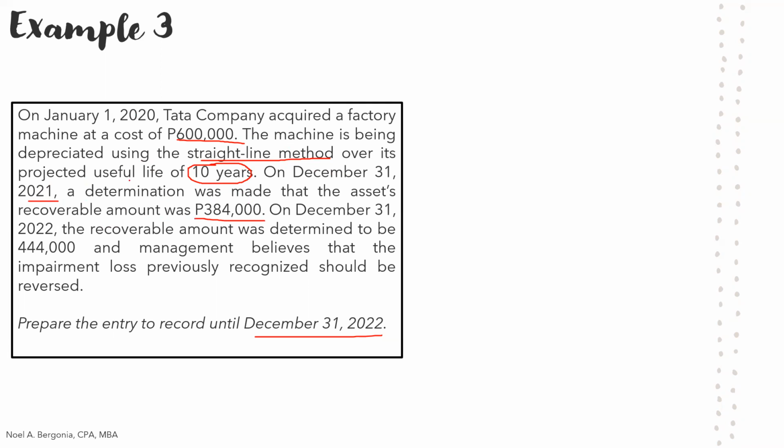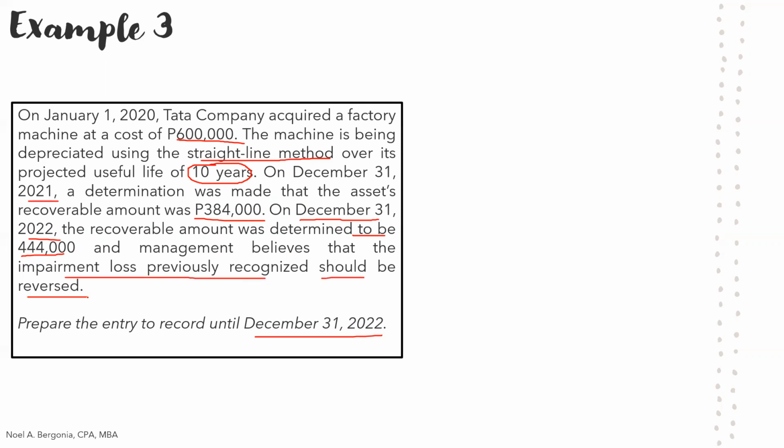So 2 years after, a determination was made. Later, let's check whether we have an impairment loss. Then on December 31, 2022, the recoverable amount was determined to be 444,000 and the management believes that the impairment loss previously recognized should be reversed.